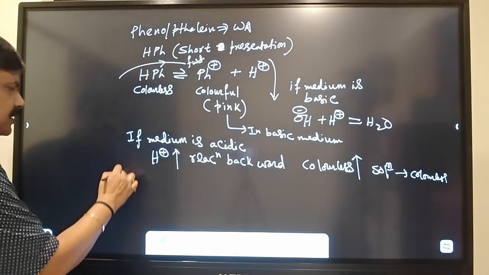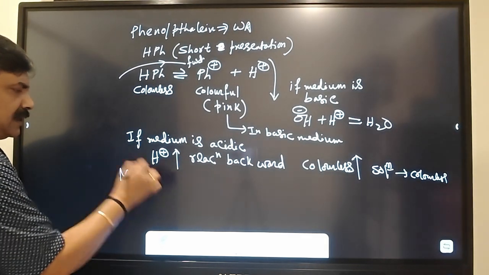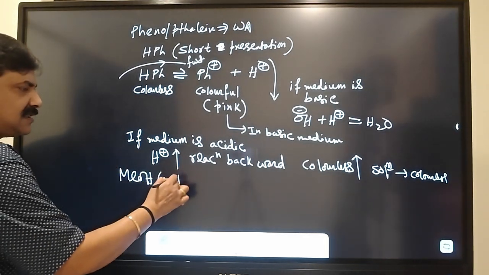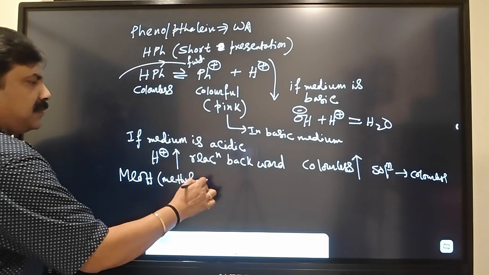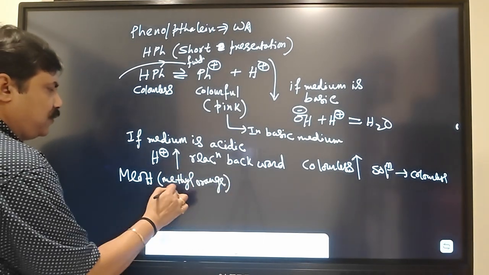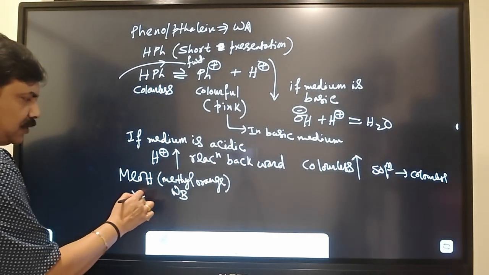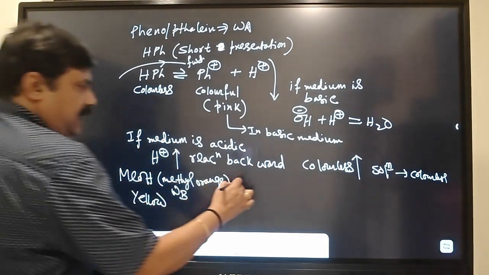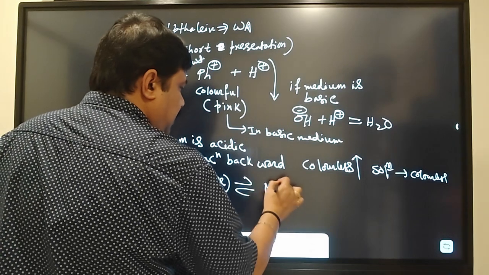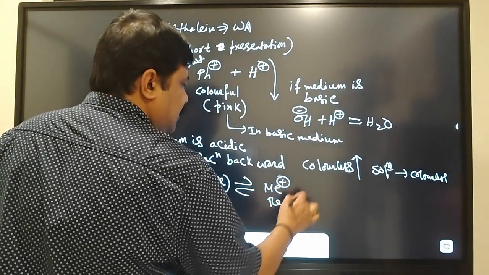Whereas methyl orange, if you look at, this is the short representation of methyl orange. Methyl orange is a weak base. So whenever OH is attached, then it's a yellow color. So without OH, methyl orange will be a red color.